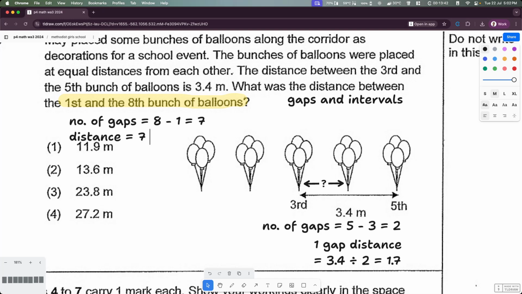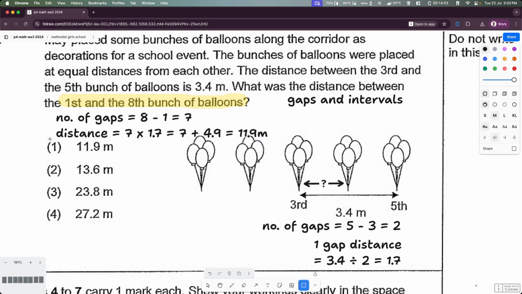And we know the gap distance is 1.7, so 7 times 1.7. This is 7 times 1 plus 7 times 0.7, which is 4.9. This gives you 11.9 meters. So the answer is 11.9 meters.